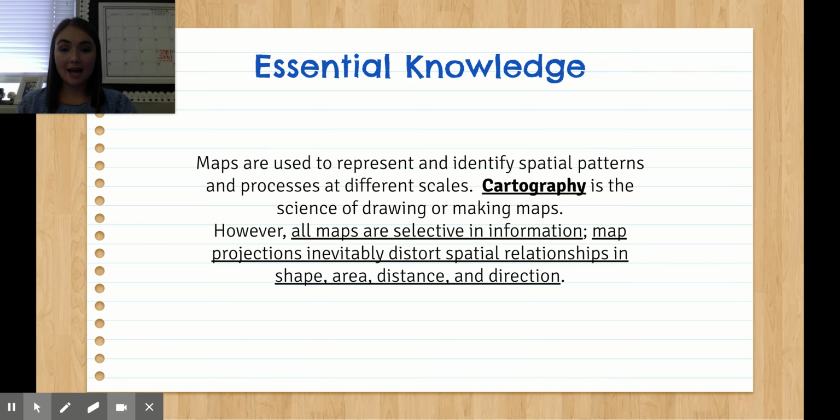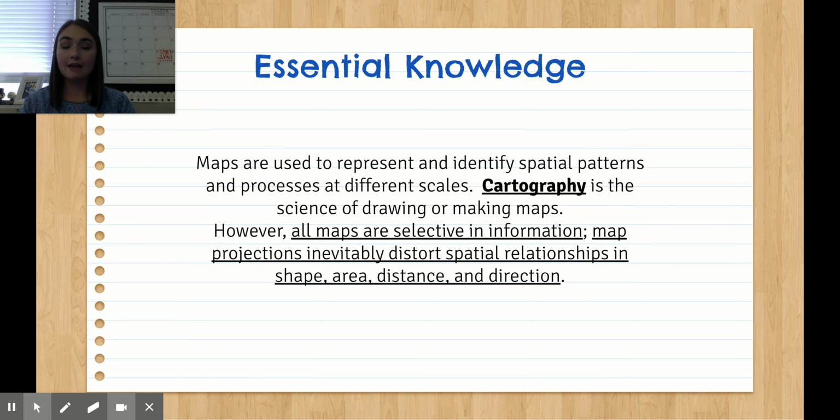So the thing about maps is there's no better way to represent and identify spatial patterns on the Earth than maps. They're essential to our everyday life, and presenting information, there's no better way to do it than on maps. But the thing about maps is they're all wrong.